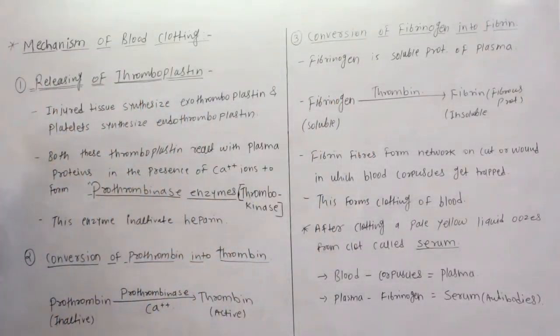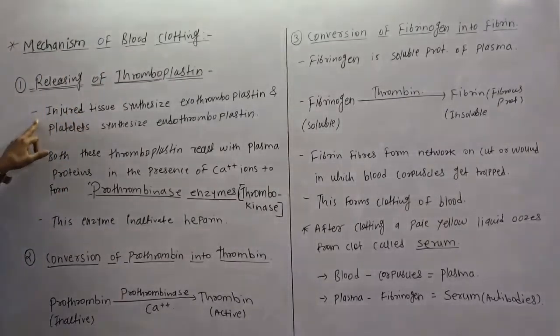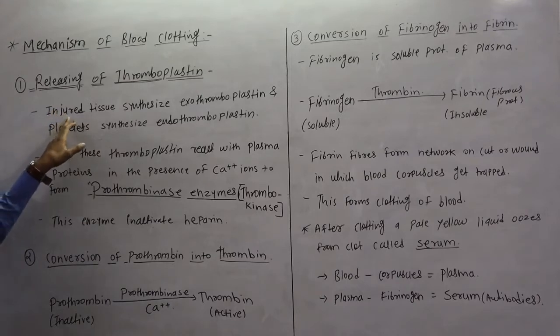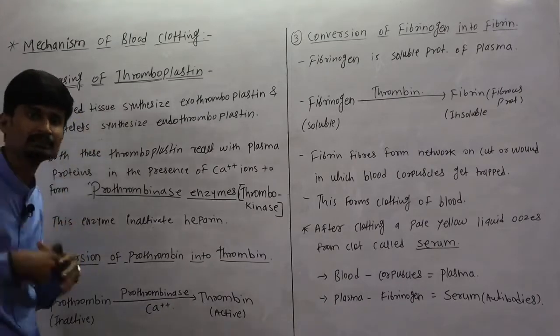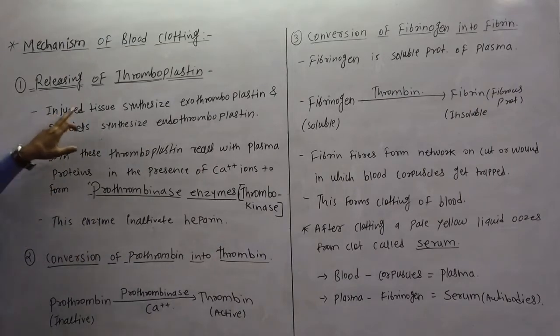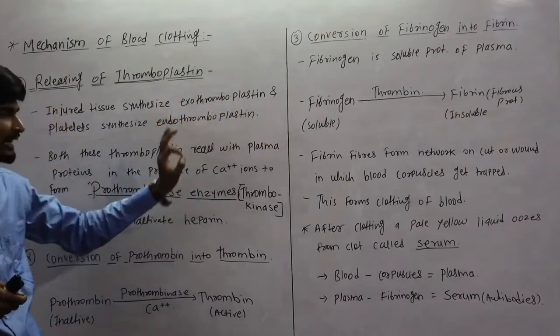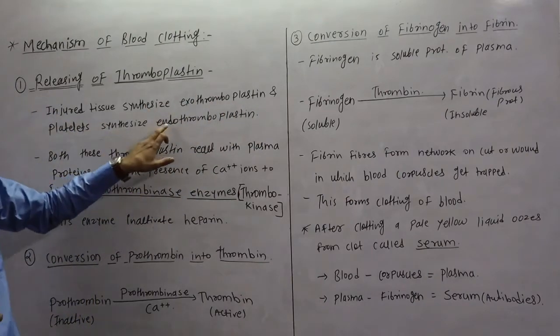So let's start with the first step, that is releasing of thromboplastin. Releasing of thromboplastin means when tissue gets injured. I have told you blood clotting occurs when there is an injury. So the injured tissue synthesizes the exothromboplastin and the platelets synthesize the endothromboplastin.